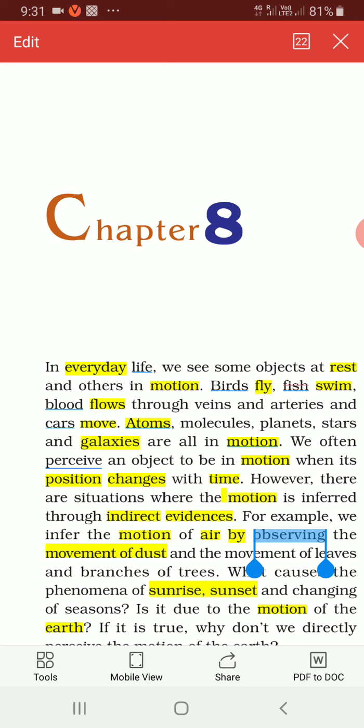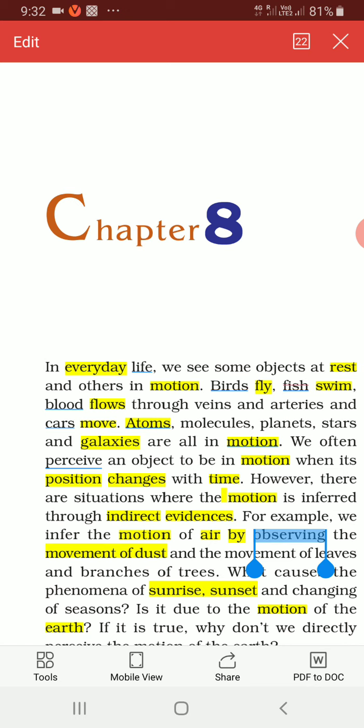Suppose at 7:30 in the morning you are at home and at 10 o'clock you are in the school. Your position changes with respect to time. At 7:30 a.m. you are at home and at 10:30 a.m. you are in school. So position changes with time. So you are in motion.